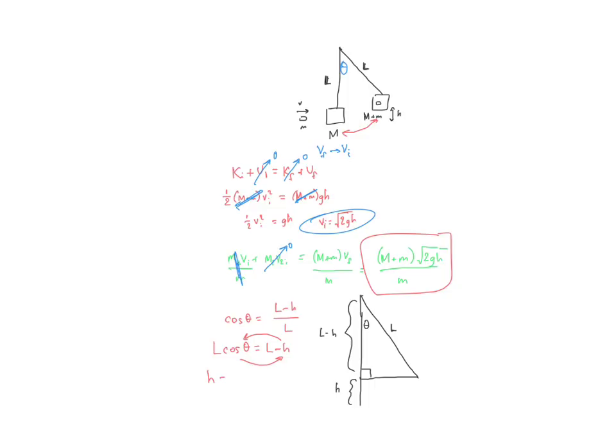That gives you H is equal to L minus L cosine theta. Or as is more commonly written, just factor out the L and you get H is equal to L times, in parentheses, 1 minus the cosine of theta. So that's your relationship that gives you H as a function of theta in terms of L.